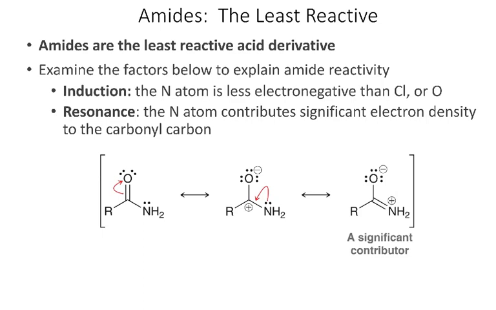So the reason the amides are less reactive than the acid halides is because nitrogen is less electronegative than chlorine, so the induction effects are less destabilizing, and as a result of resonance, the nitrogen can donate some electron density back to the carbon, again reducing its electrophilicity compared to the analogous acid chloride.